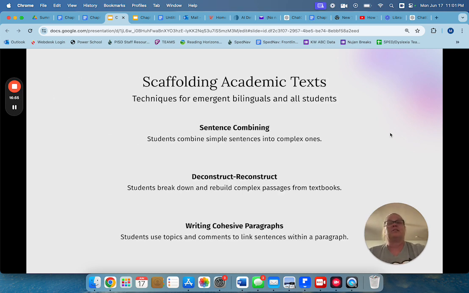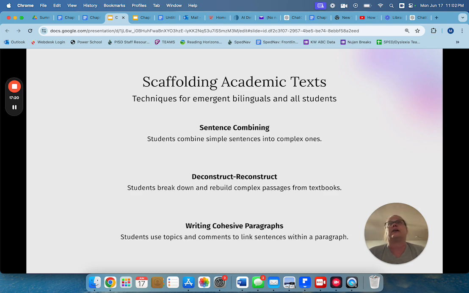All right, so when we're scaffolding academic text, these scaffolding techniques can help students understand and produce more academic type texts. So what we're looking at is sentence combining. When we're doing that, we're going to start having students combine very simple sentences into more complex ones.